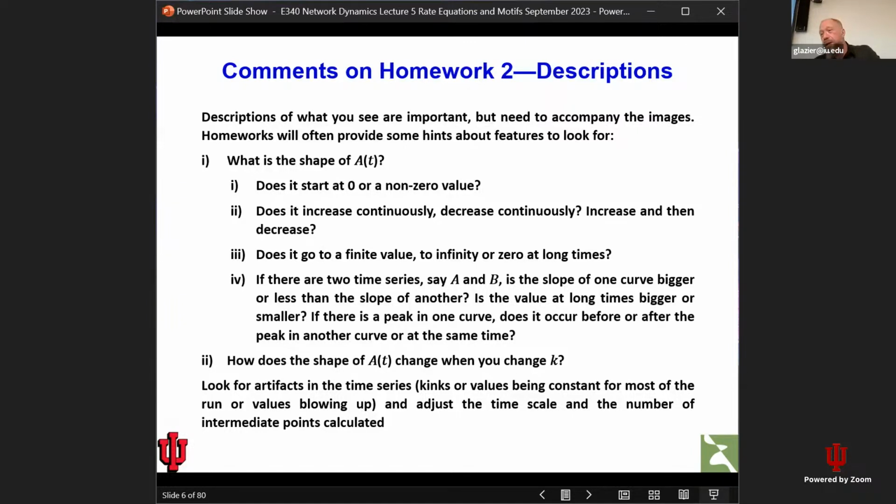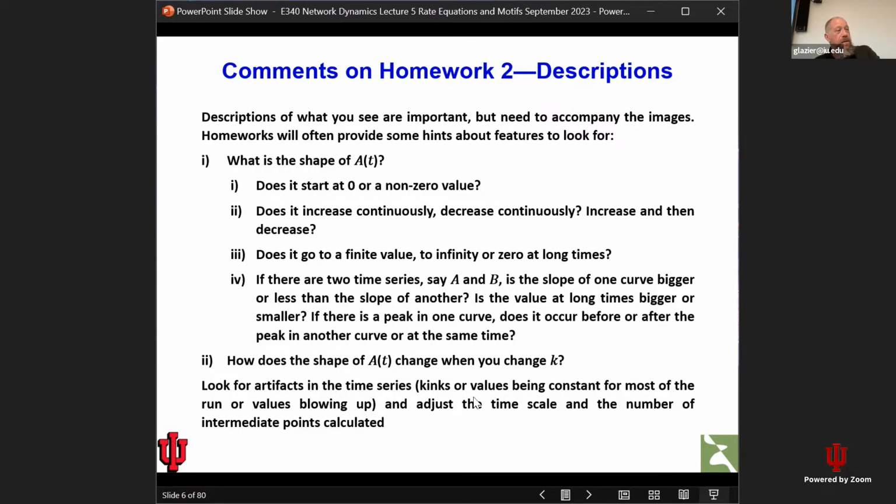Now, I understand that if all the curve does is go down exponentially, there's not that much you can say about it. But pretty soon we'll be dealing with situations where we have more interesting behaviors. And so it's not a bad idea to start thinking about how to describe these. And then very often we'll be changing a parameter, and then we want to understand how all of these things change as we change that parameter.